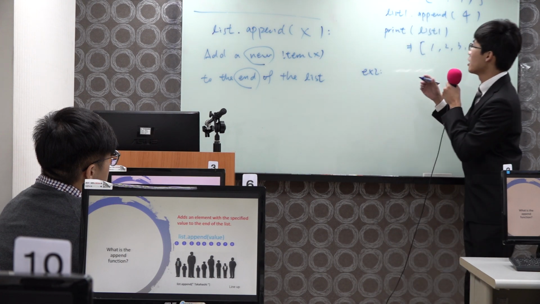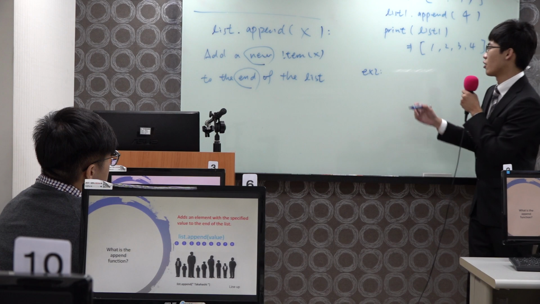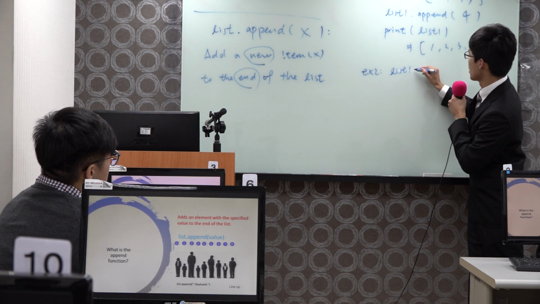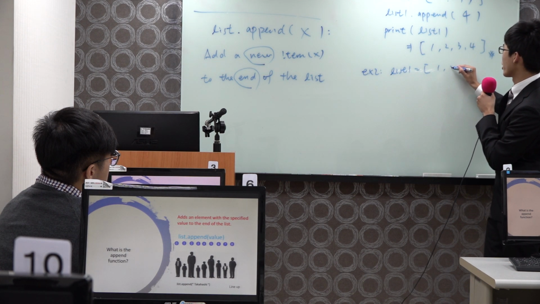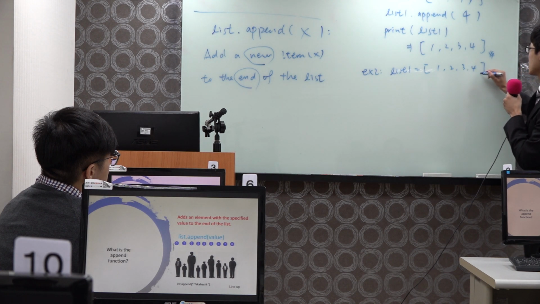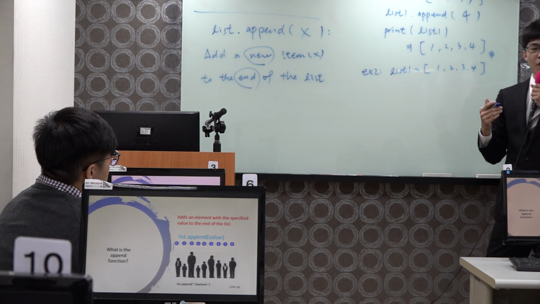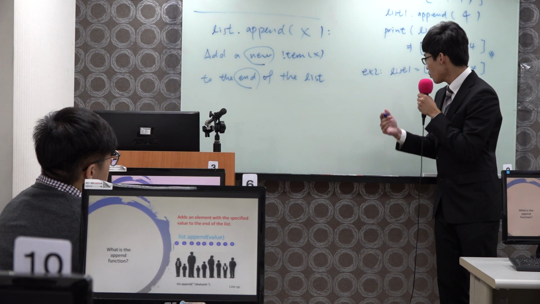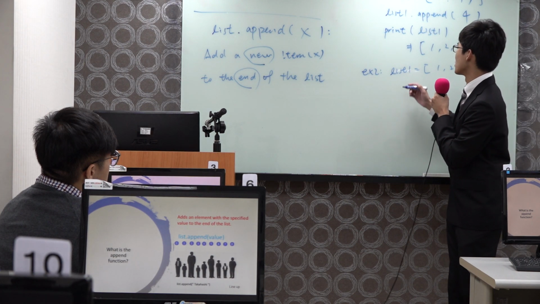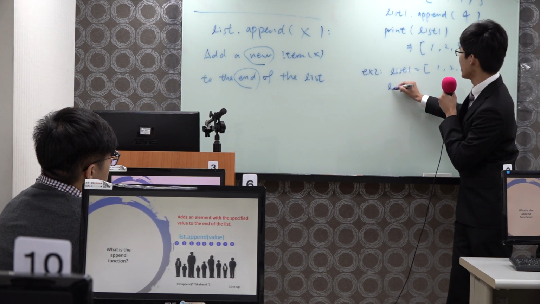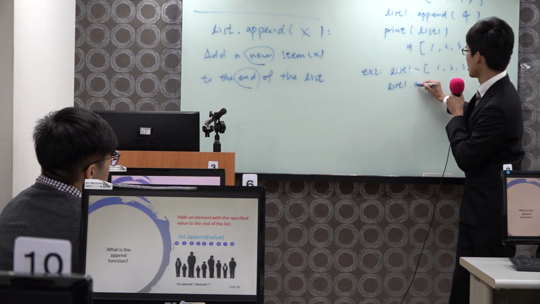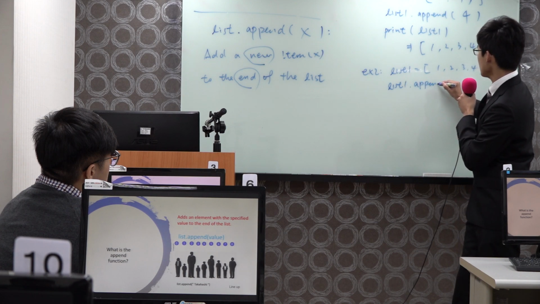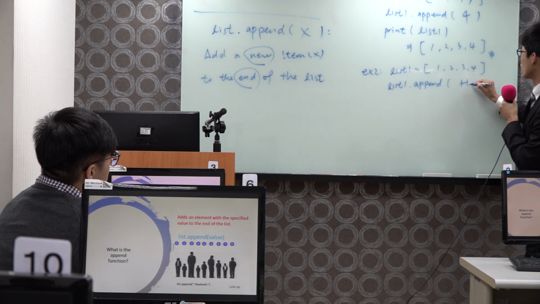Example 2: we already know list1 equals square brackets 1, 2, 3, 4, right? Then I want to add a new item hello to list1. So I can write it this way: list1.append("hello").